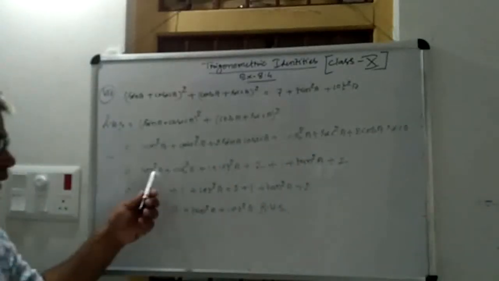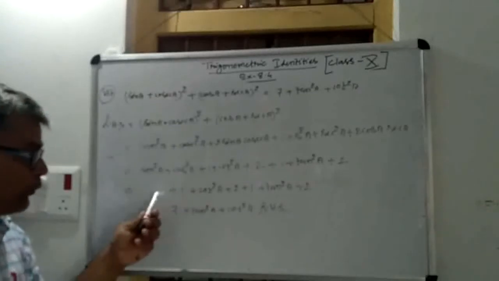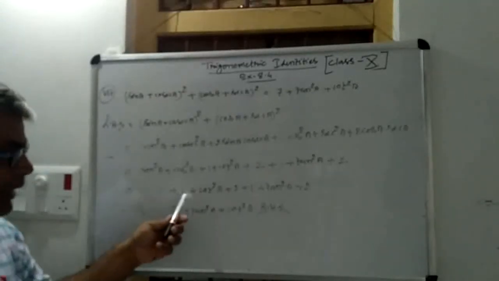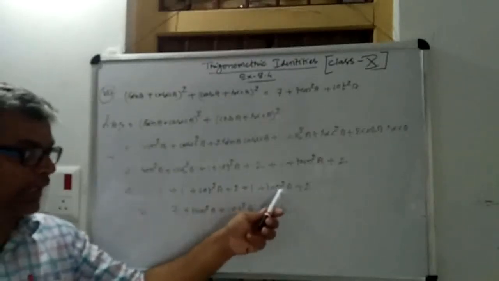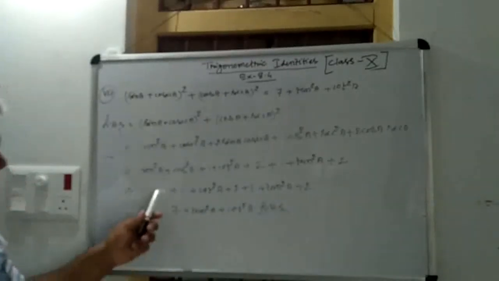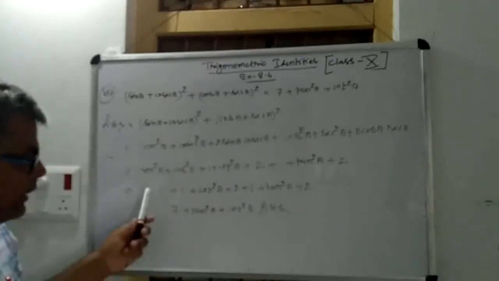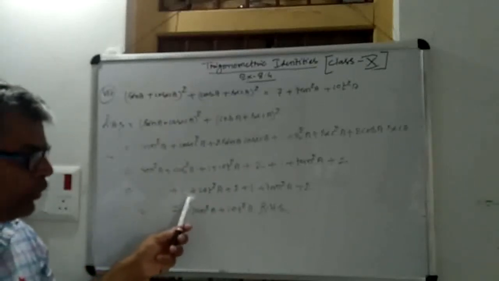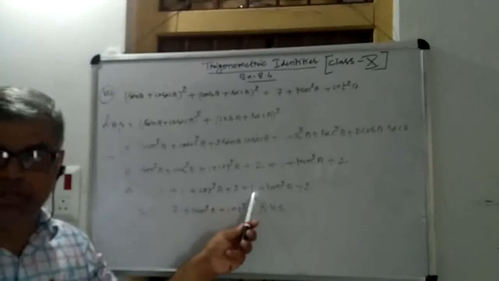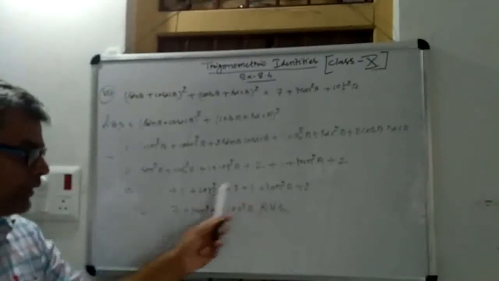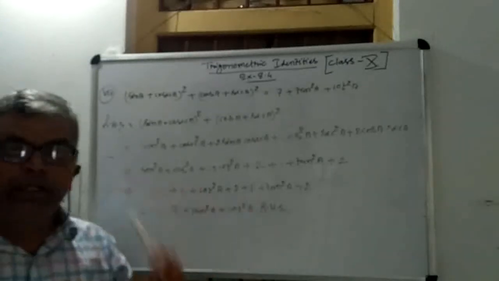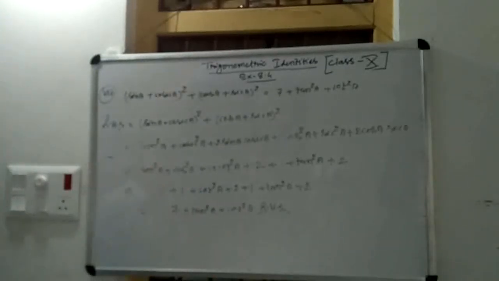Now sin square A plus cos square A equals 1. So you have 1 plus cot square A plus 2 plus 1 plus tan square A plus 2. Add all the constants: 1 plus 1 is 2, 2 plus 2 is 4, 4 plus 1 is 5, 5 plus 2 is 7. So you got 7 plus tan square A plus cot square A, and this was your RHS part. In this way this identity has been proved.